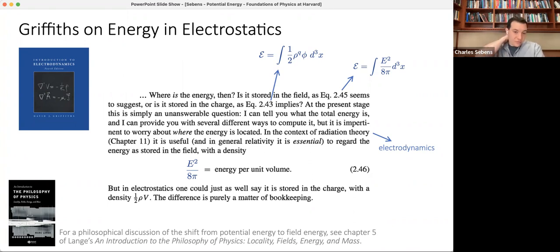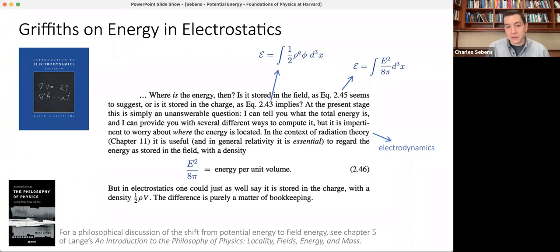Okay, good. Let me also mention here Mark Lange's excellent book, An Introduction to the Philosophy of Physics: Locality, Fields, Energy, and Mass. It also discusses this question of where the energy is located and questions about how the energy flows. It has a similar kind of lesson to this quote from Griffiths, which is, well, in electrostatics, you could use the potential energy density or the field energy density, but when you move to electromagnetism, it at least seems very compelling to regard the energy as in the electromagnetic field.